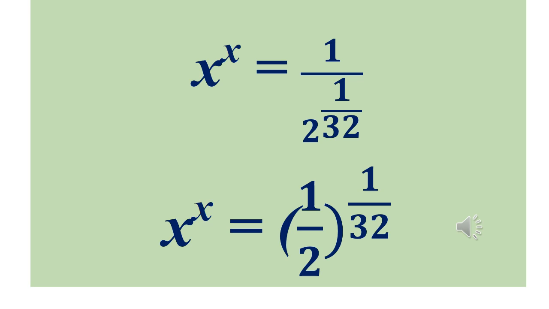That's the 1 as the numerator, and then the 2 raised to power 1 over 32 will be the denominator that we had before. So we now have x raised to power x equals 1 over 2 all raised to power 1 over 32.